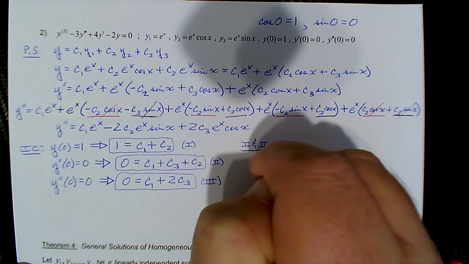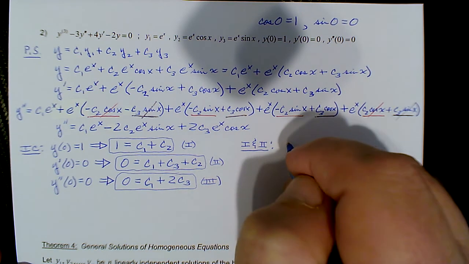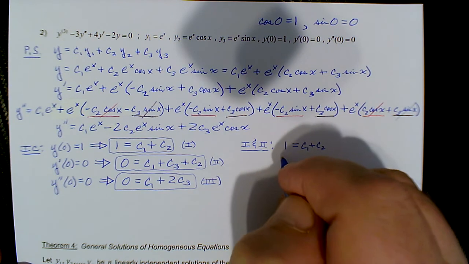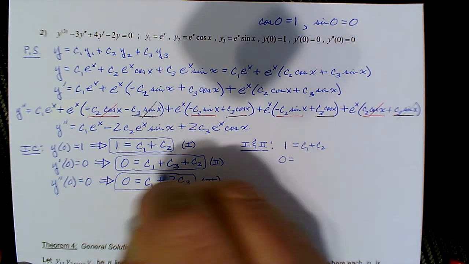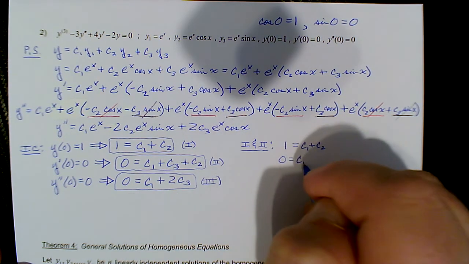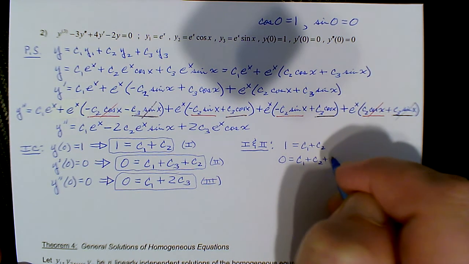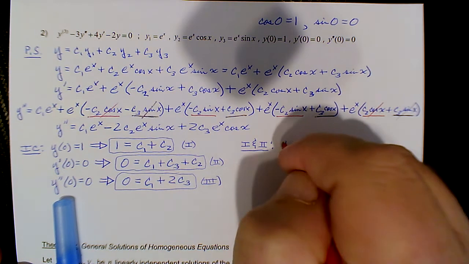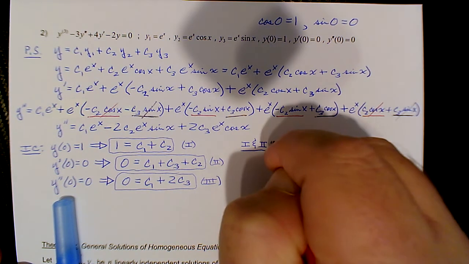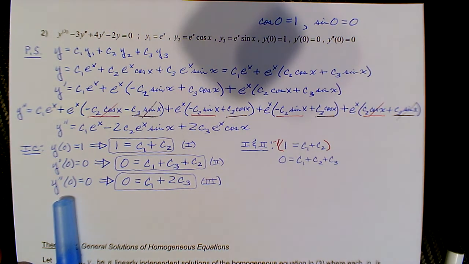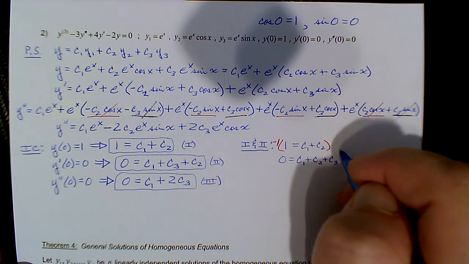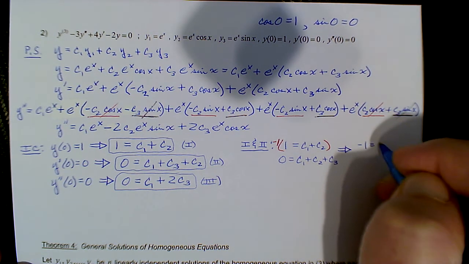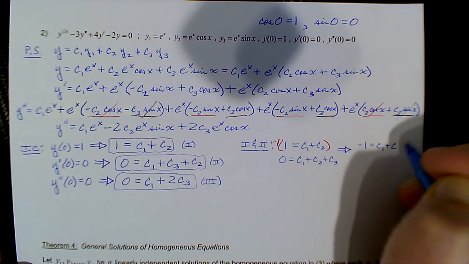If I use those, we got 1 equals C1 plus C2, and 0 equals, let's just reorder this, C1 plus C2 plus C3, and then if we multiply the top equation by -1, this just took me a few seconds to think about what would be the most advantageous thing to do, and this would be the most advantageous, because watch what happens here.